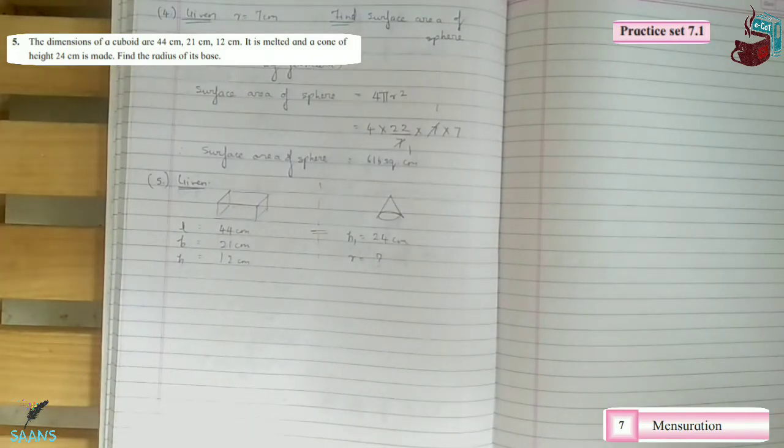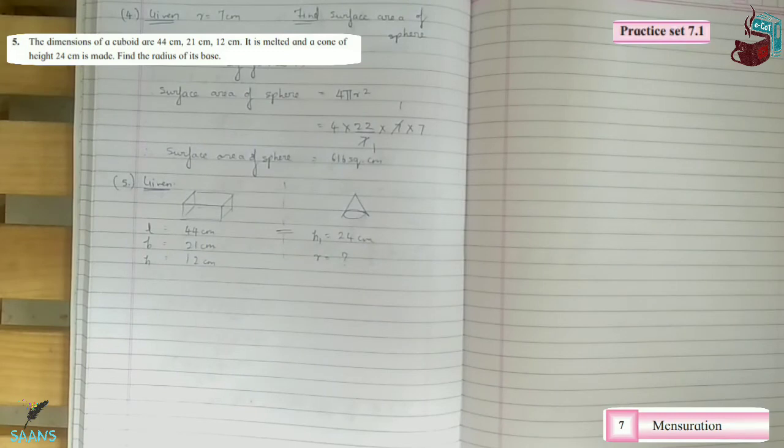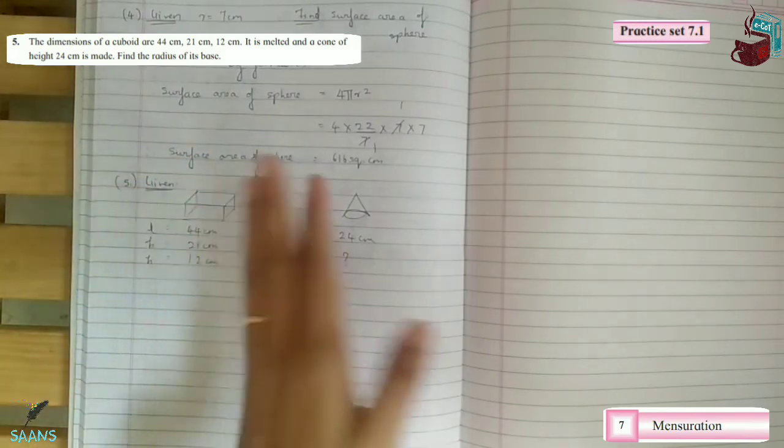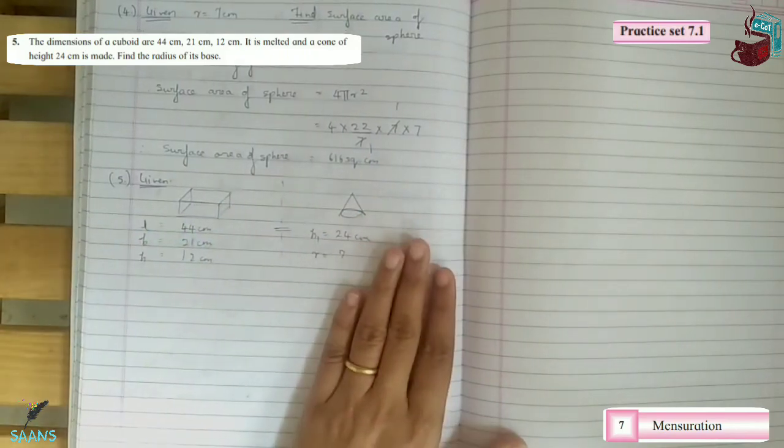Now, melting means, if you're going to melt it, you're going to be using the volume. If we cut it into pieces and so on, then it is surface area and everything. But this is going to be melted totally and cones are going to be made. Okay, so volume is equal to volume.